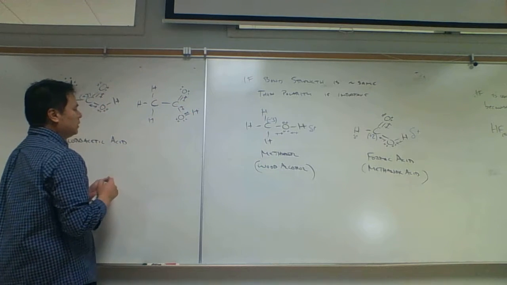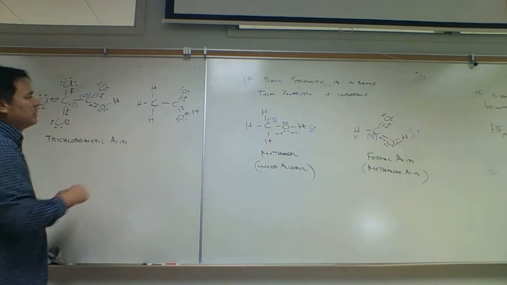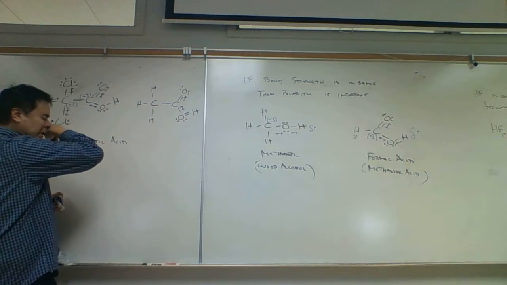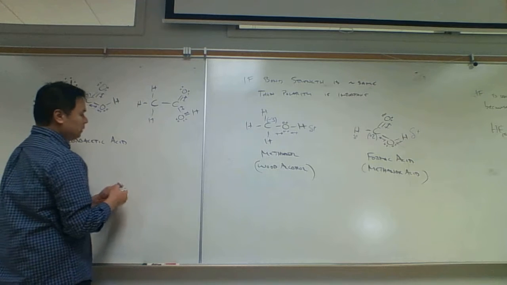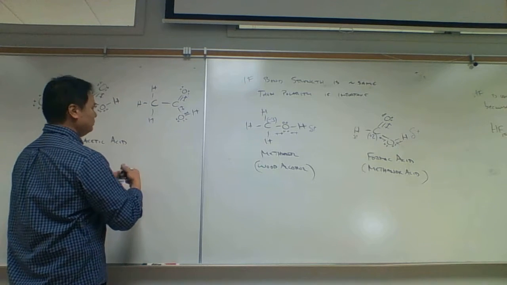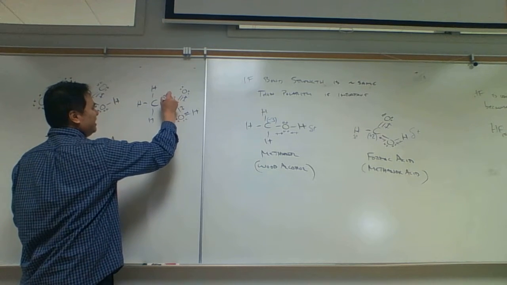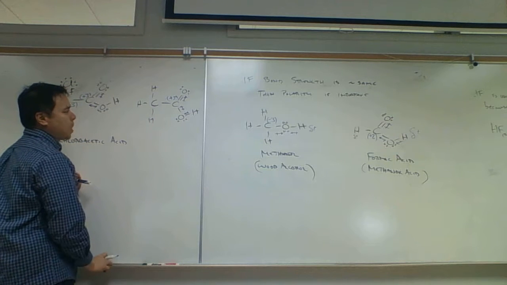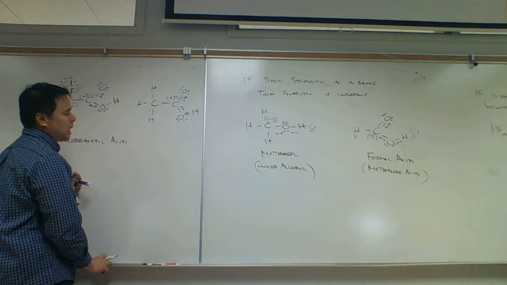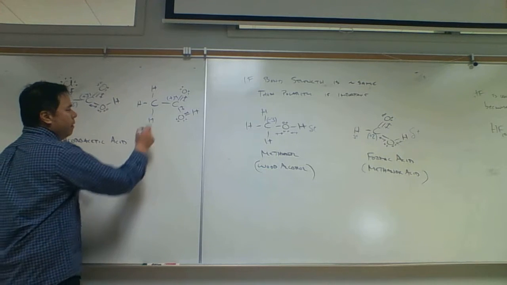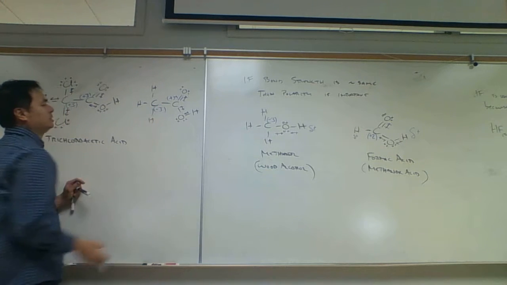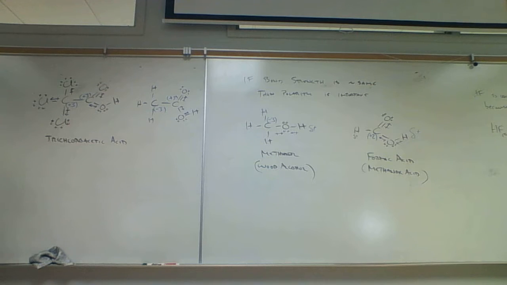And when we look at this carbon here, what's the oxidation state of this carbon? This one's the same on the right. This is +3, but this one is what? -3. So it's quite a bit different.